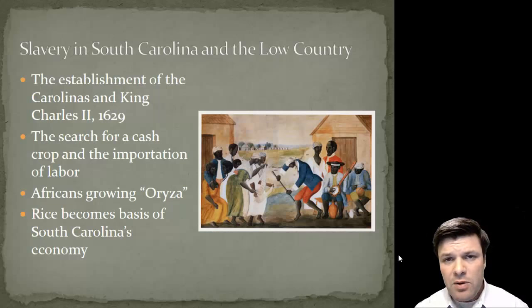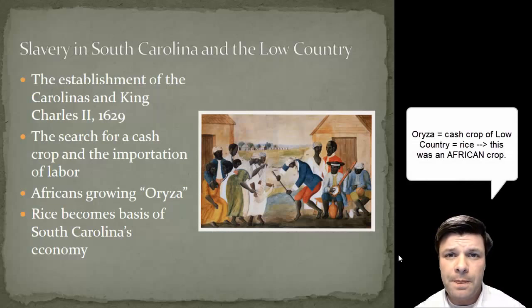At the same time, they're importing large sources of labor, including slave labor from Africa. And it's actually these African slaves that give these South Carolinian landlords an idea as to what might just fit when it comes to a cash crop in their neck of the woods. And that was Aroisa.